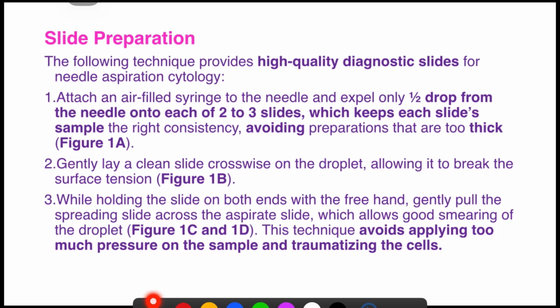Gently lay a clean slide crosswise on the droplet, allowing it to break the surface tension. If too much pressure is given during spreading of the material, it will damage the lymphoid cells. While holding the slide in both hands, with the free hand gently pull the spreading slide across the aspirate slide, which allows good smearing of the droplet.